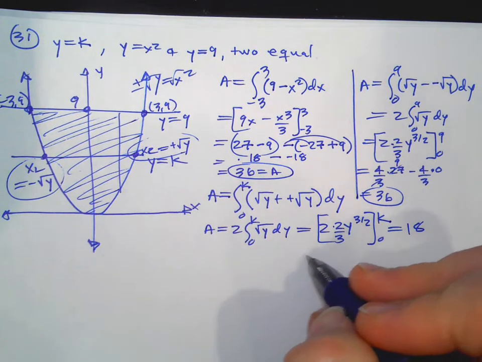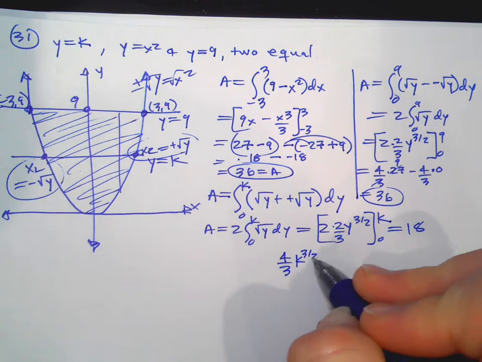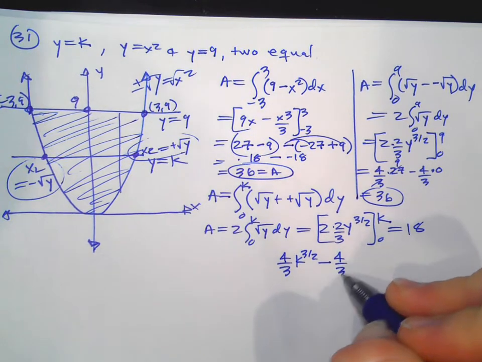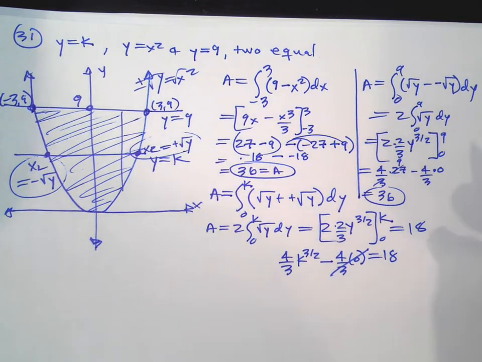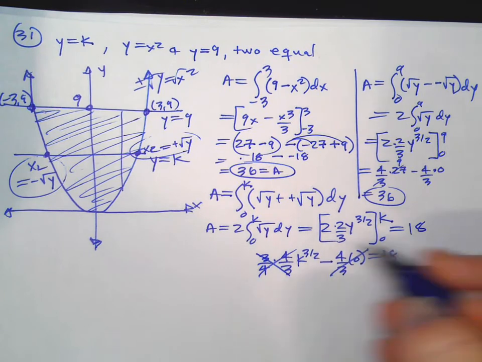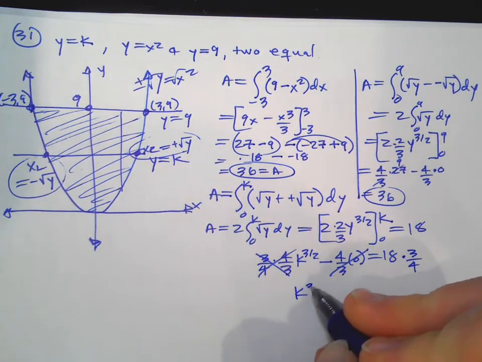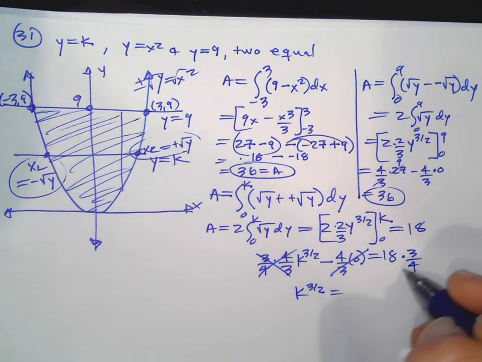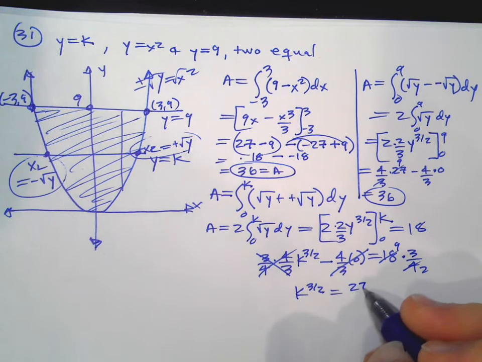Okay, so we're going to have 4/3 times k to the 3/2 minus 4/3 times 0 equals 18. And we can totally solve this without a calculator. Multiply both sides by 3/4. So it's going to get 27 halves.